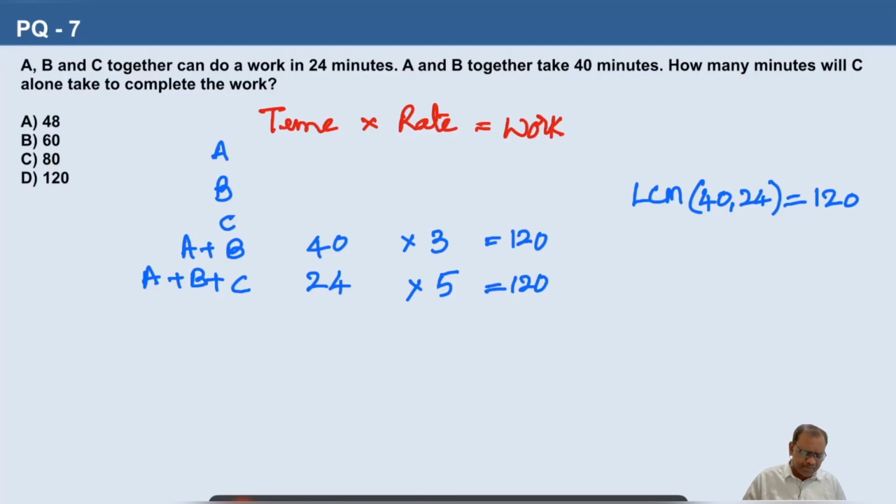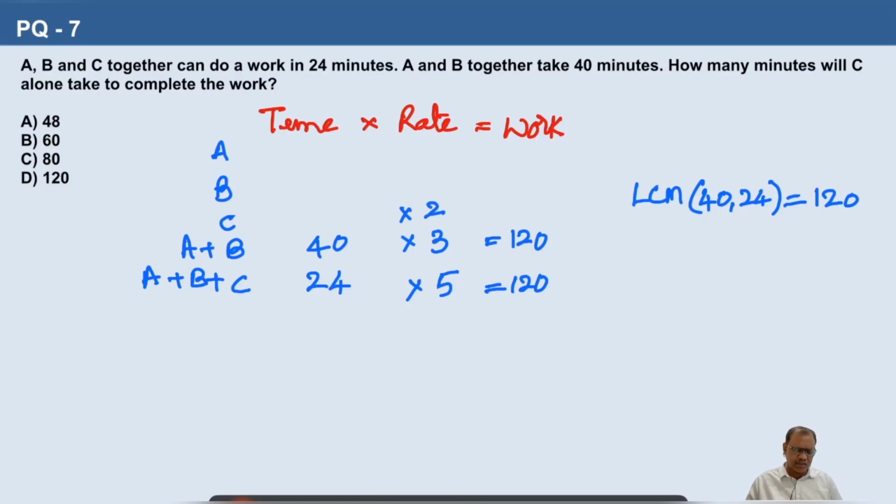So A plus B plus C, all the three together can do 5 units in one day. Only A and B can do 3 units in one day. So if you subtract 3 from 5, you will get number of units C can do in one day. 5 minus 3 is 2. So C rate is 2.